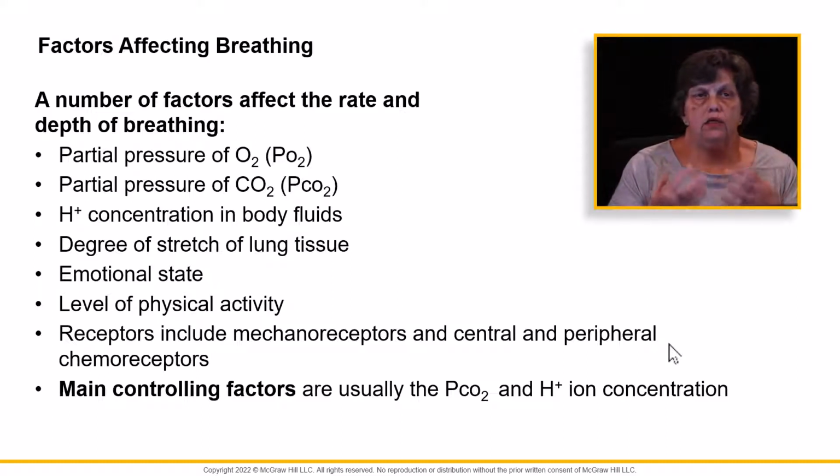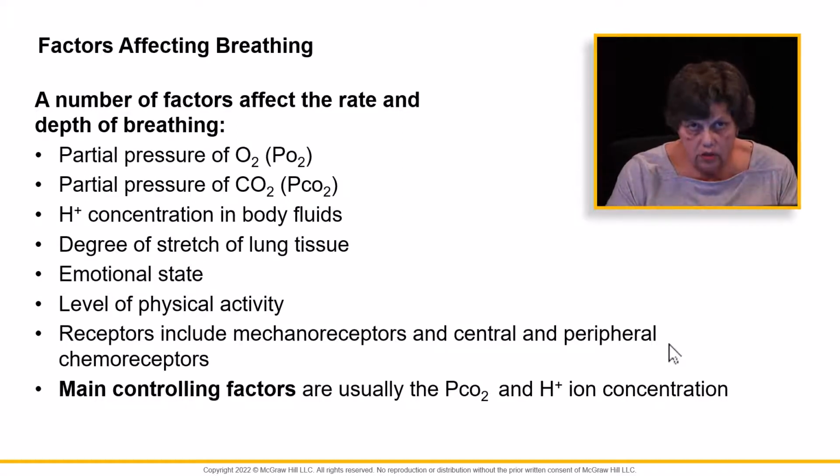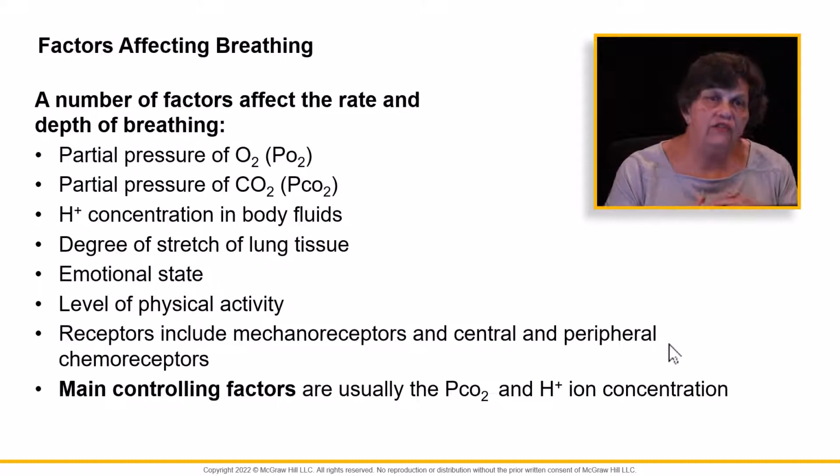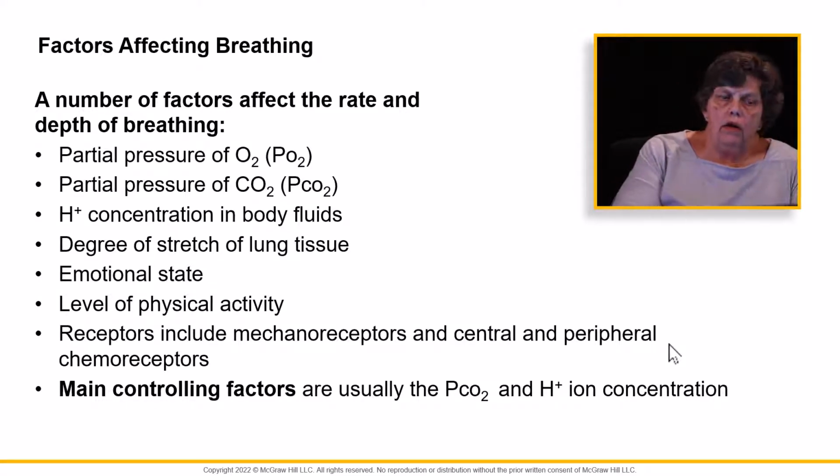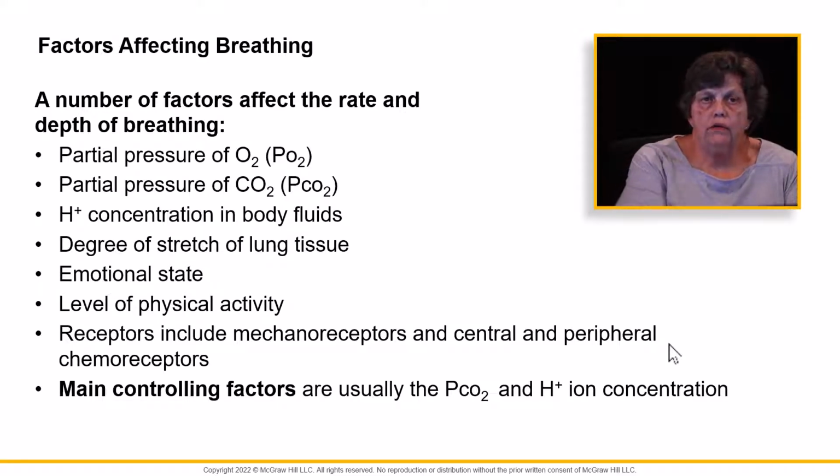And that is because the atmospheric pressure is lower, the partial pressure of oxygen is lower, and you need more effort to bring the oxygen in, okay? The other thing is your hydrogen ion concentration.